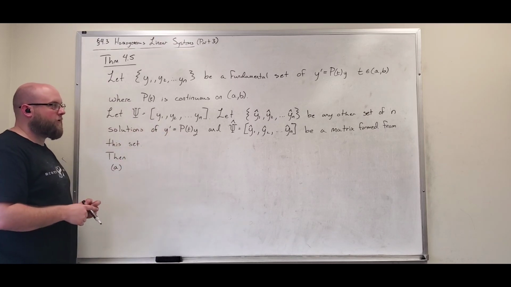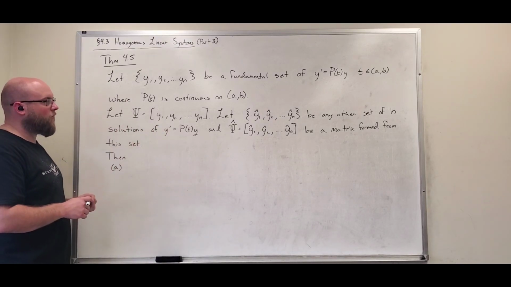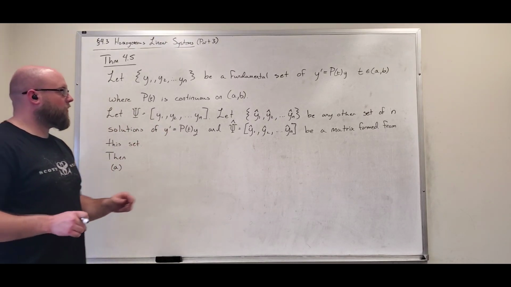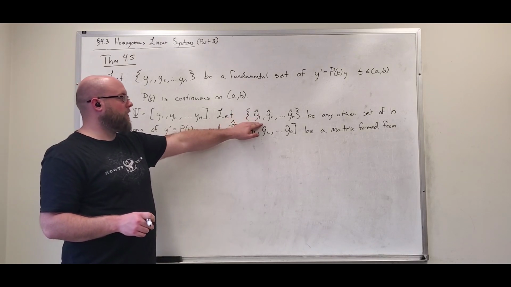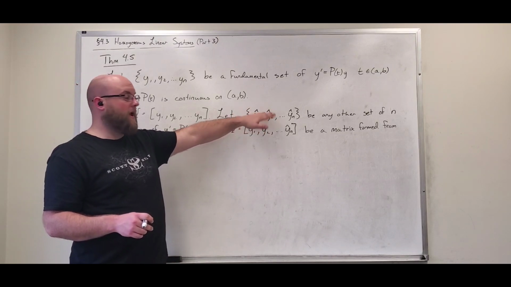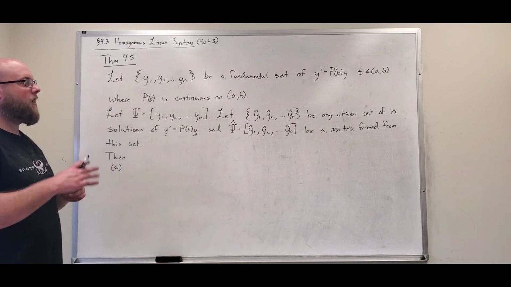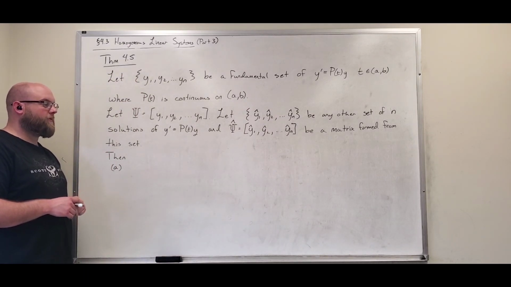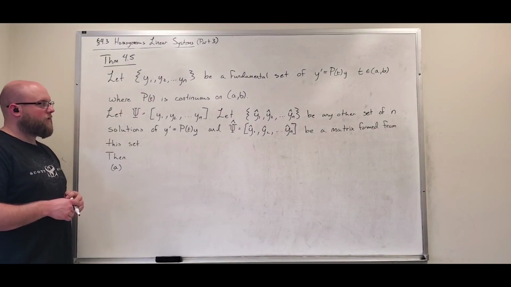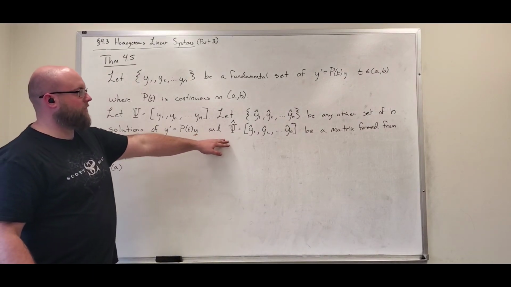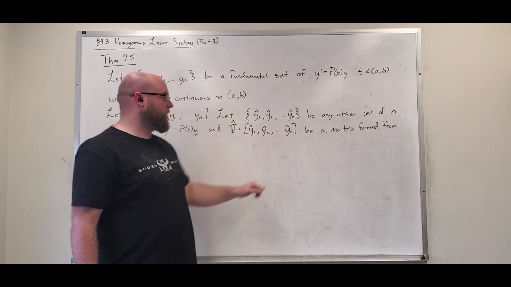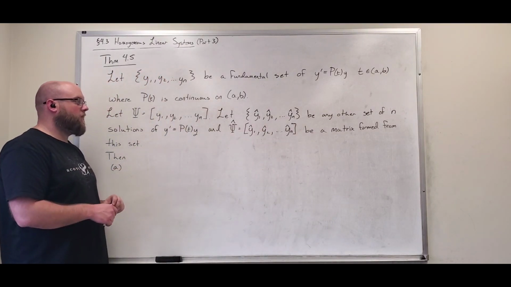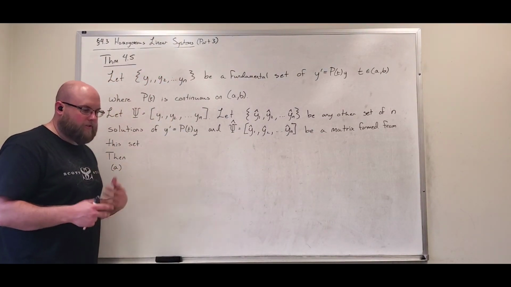So this is the fundamental matrix that's formed. Then we're going to let this new set here, y1 hat, y2 hat, and so forth, be any other set of n solutions of y' = P(t)y, and psi hat is equal to some matrix formed by this set. Okay? Then the following statements are true.